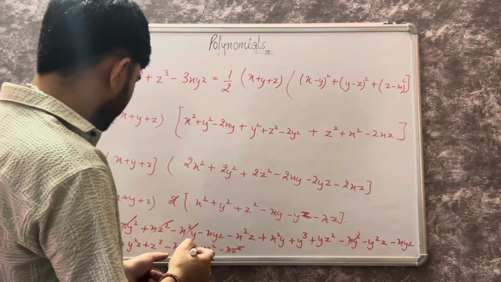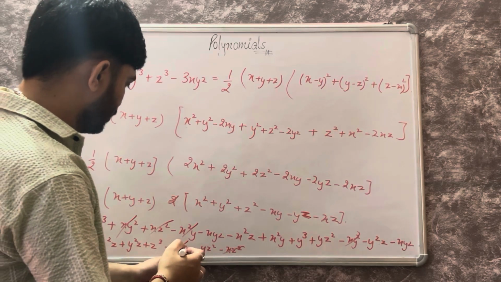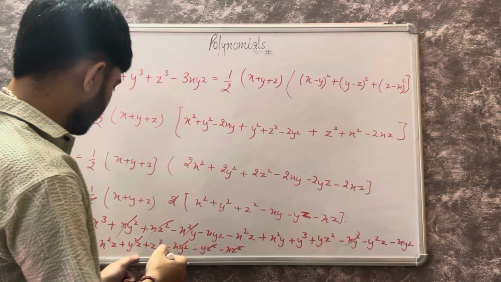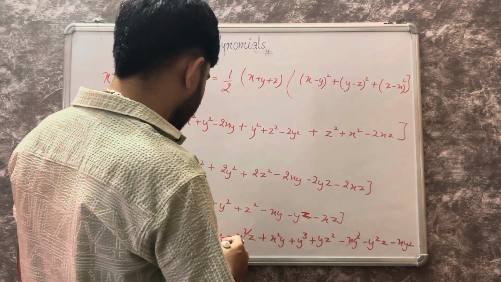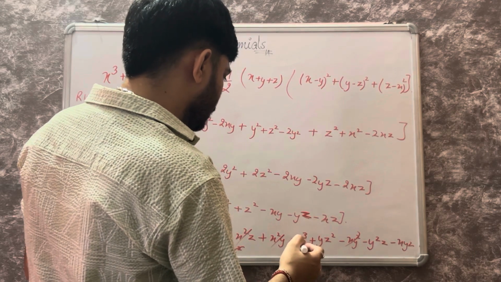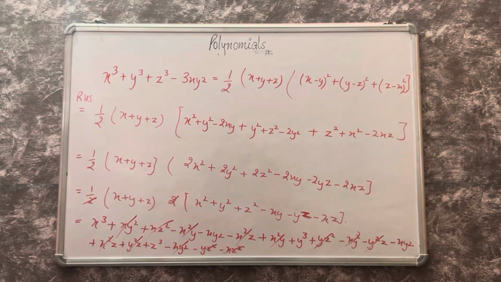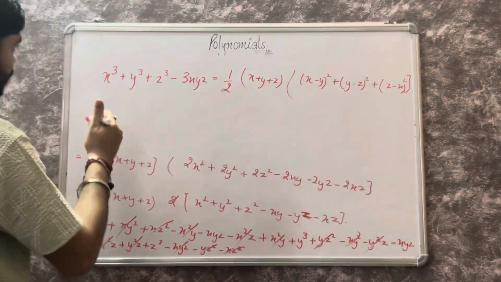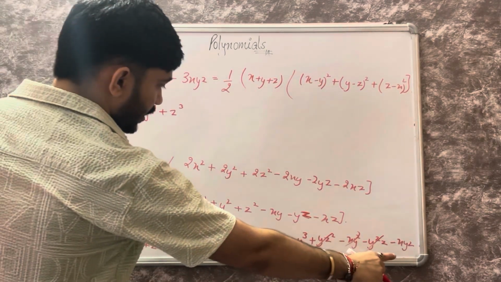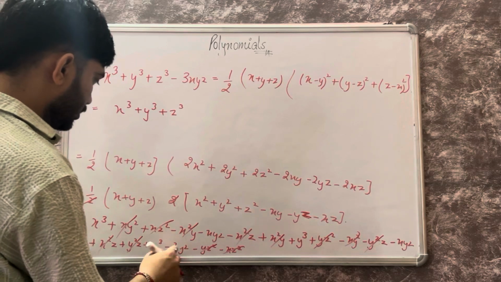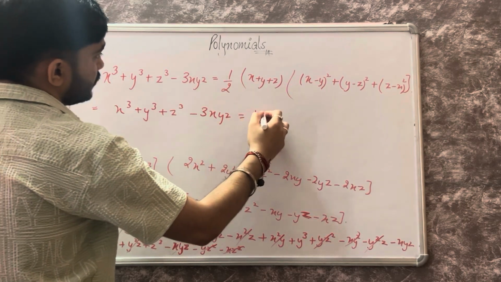X square y is going to be cut out with x square y, x square z with x square z. These are going to be cut out, and you are left with the simple terms, that is x cube plus y cube plus z cube, and xyz, 2 xyz, and 3 xyz, that is minus 3xyz, and this is your left hand side.